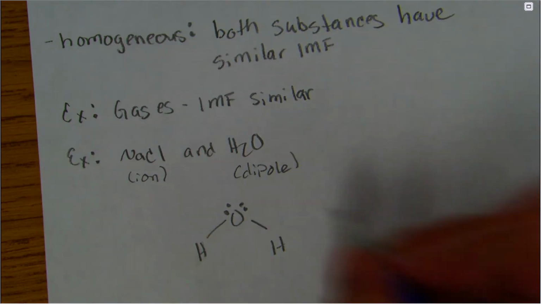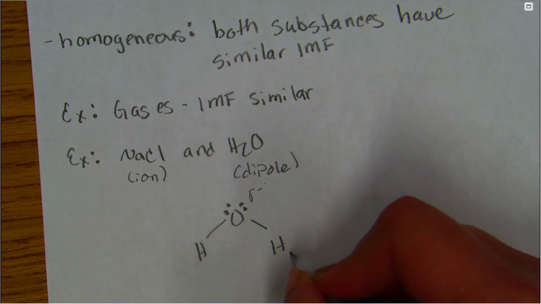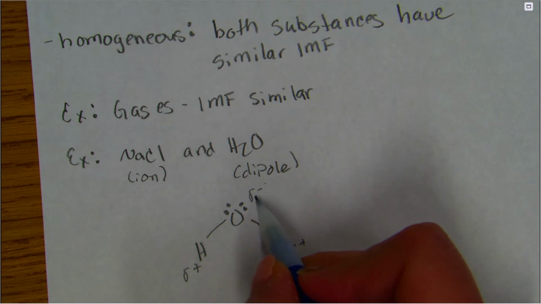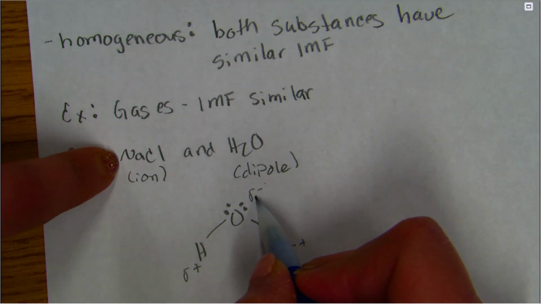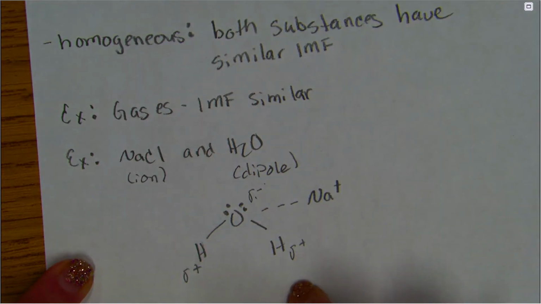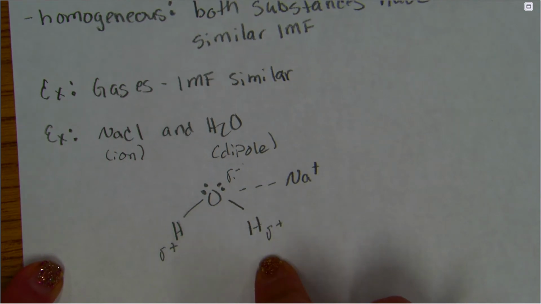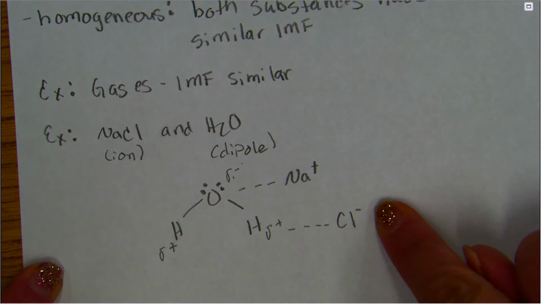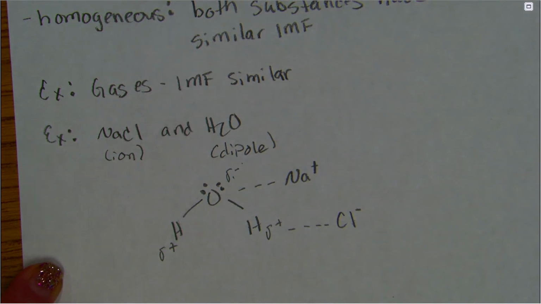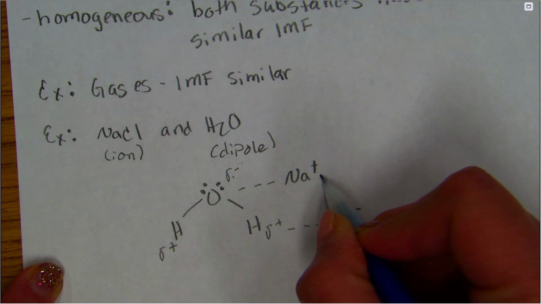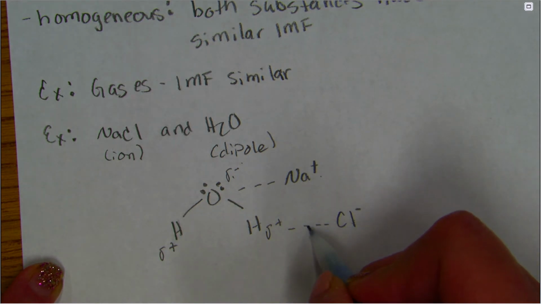Okay, so we know that oxygen is a partial negative and each hydrogen is a partial positive. So what we see here is an attraction between this partial negative and the positive cation of the sodium. And the partial positive of the hydrogen is attracted to the negative in that chloride. All right, so what we end up with here is an ion dipole moment.